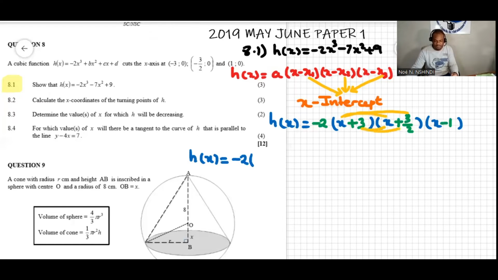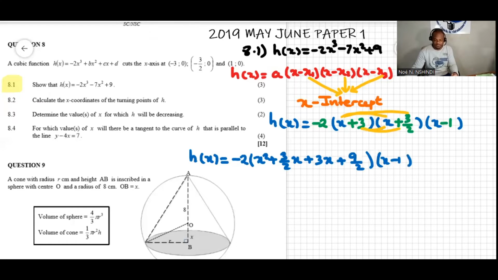So x times x makes x squared, and x times 3 over 2 makes plus 3 over 2x, and then 3 times x makes 3x, and then 3 times 3 over 2 makes 9 over 2, close bracket, and then times x minus 1.